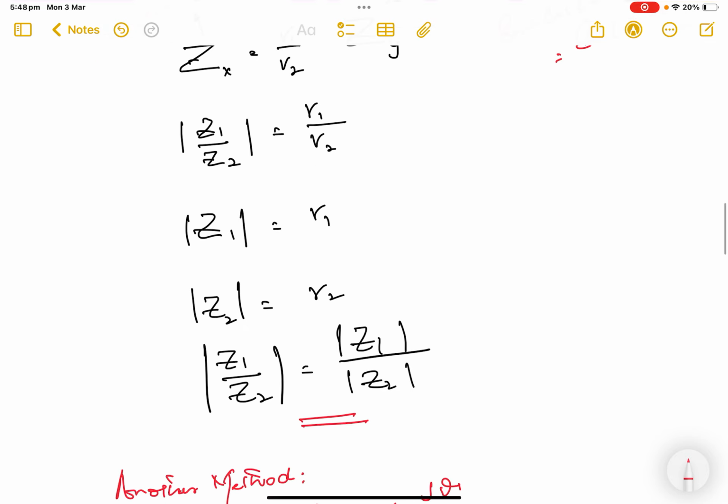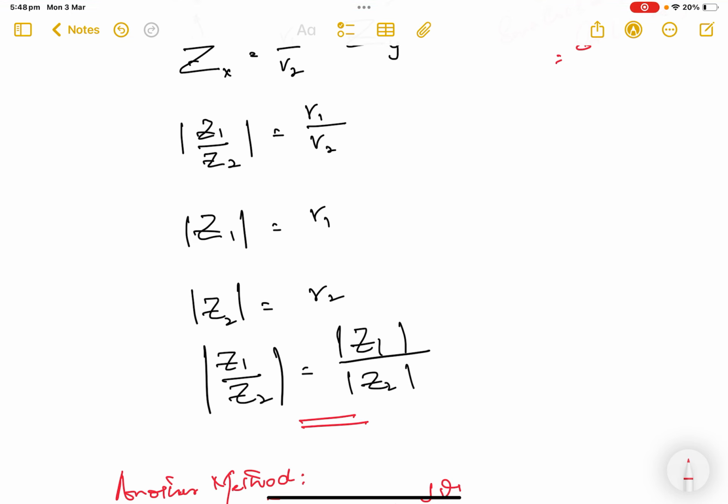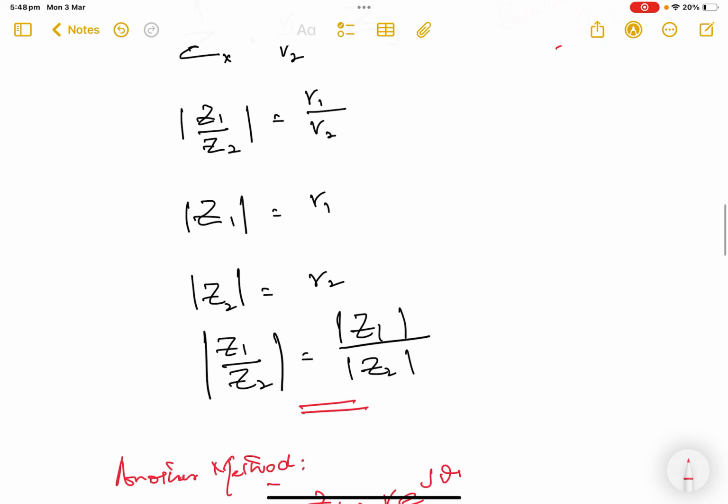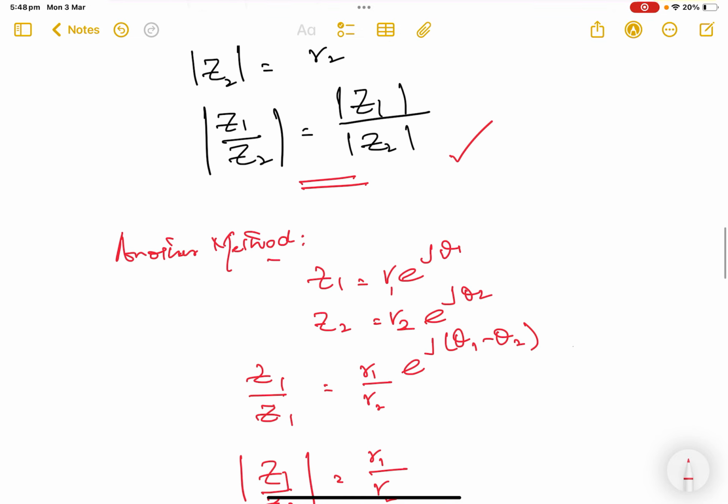So Z1 over Z2 is R1 over R2, but the modulus of Z1 is R1, the modulus of Z2 is R2. So the modulus of Z1 over Z2, we know is R1 over R2, but R1 over R2 is the modulus Z1 over modulus Z2. That is what we have been asked to prove.